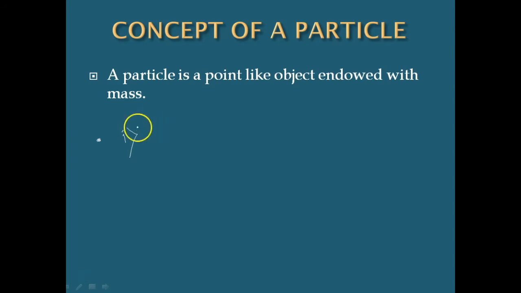So, we can describe the motion of the whole body by considering any one particle of the body, because all the particles cover the same distance in the same amount of time. So we can consider the entire body just like a particle. That is one circumstance, in case of a solid body.